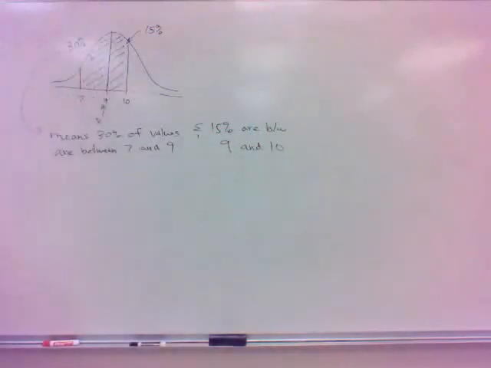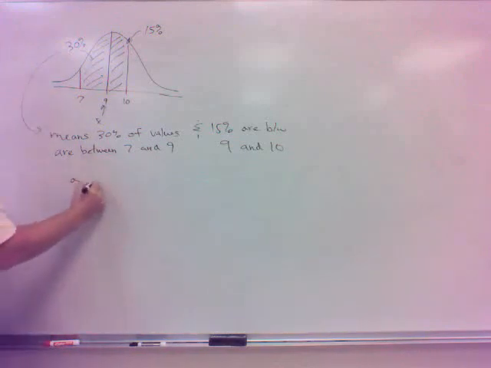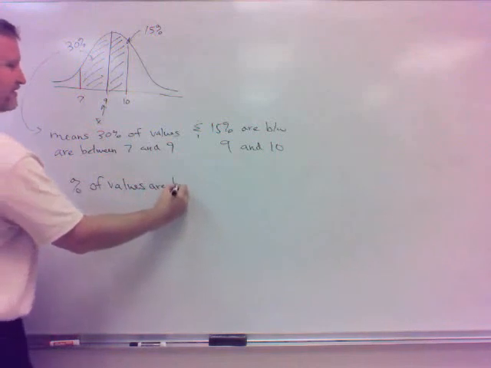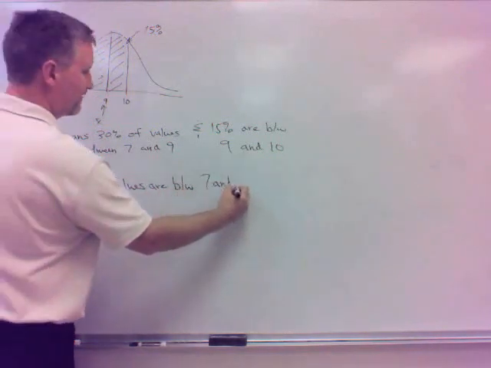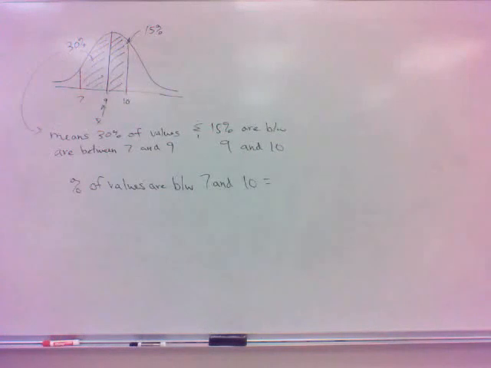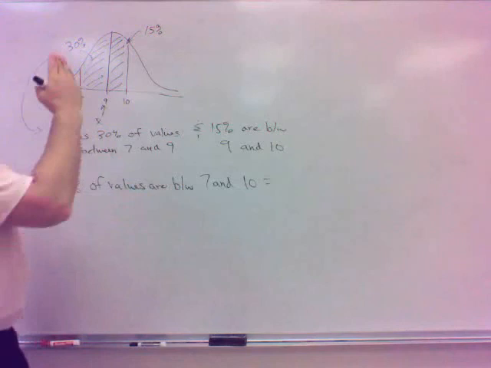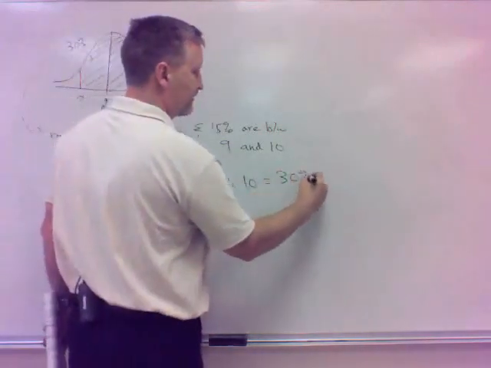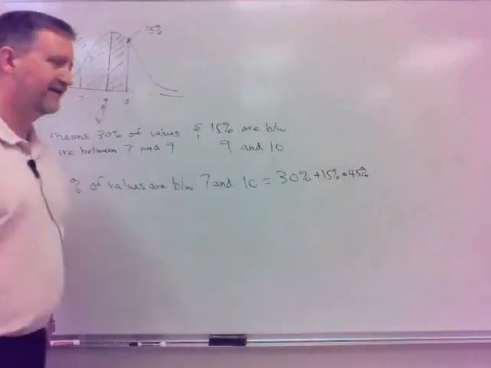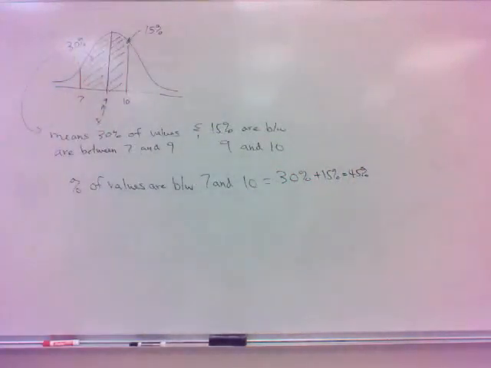So if I were to ask you what percentage of values are between 7 and 10, what would you tell me? Add them up, yeah. Since I know 7 to 9 is 30%, and I know 9 to 10 is 15%, wouldn't the percentage of values between 7 and 10 be 30 and 15 added together? So that's the idea we're going at here when we're doing these problems. With a few twists, of course.